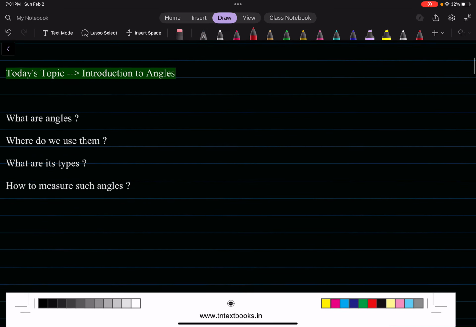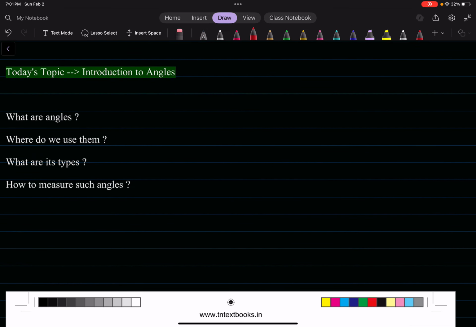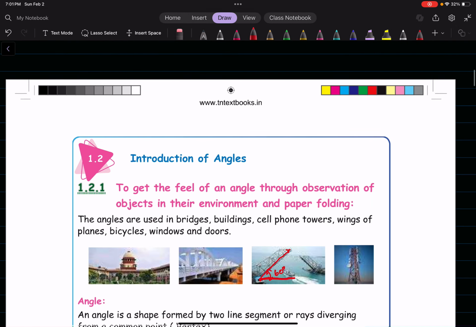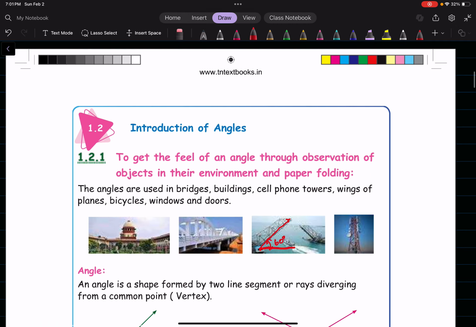So the second question is, where do we use them? We just saw there are multiple examples, like construction of bridges. And for example, let us assume you're short and you're looking at a tall guy. So there is an angle of looking at him, right?